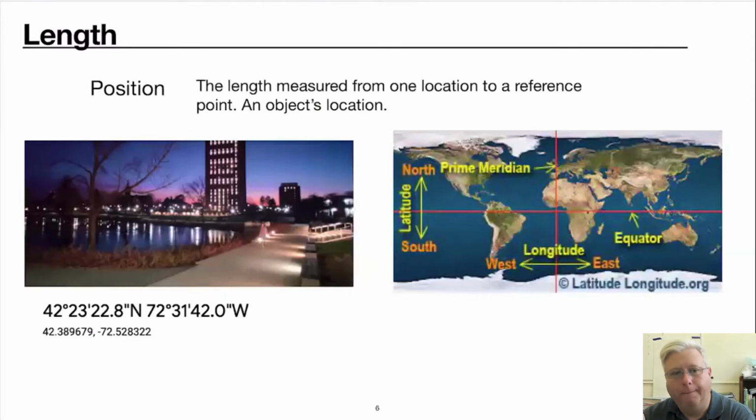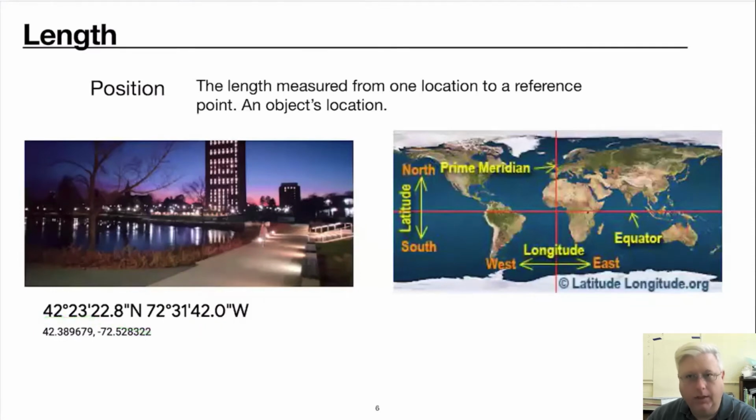So now position, also a type of length, but the importance with position is that we're talking about length measured with reference to something, to some location, right? Or we're talking about where an object is located. So every place on Earth has a coordinate. If I dropped a pin on Google Maps on the Du Bois Library here on campus, it gave me a very precise position of where Du Bois Library is.